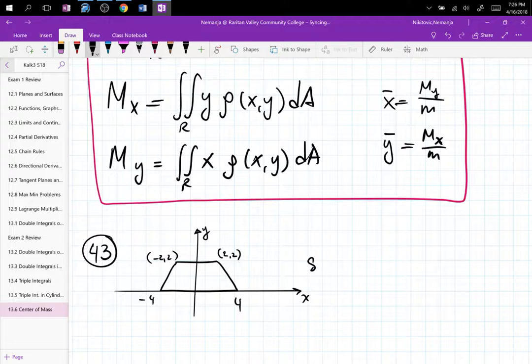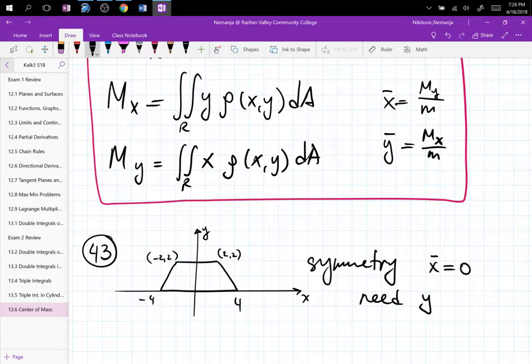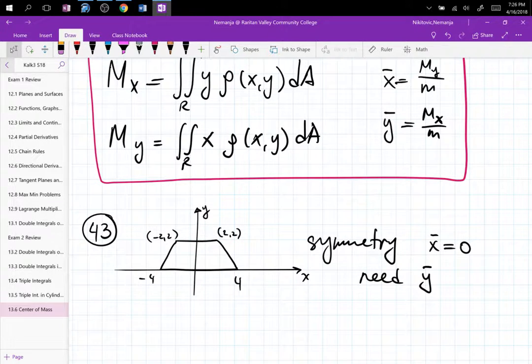So using the symmetry, I know that x bar is 0. I need y bar. Now to get y bar, I need Mx and m.